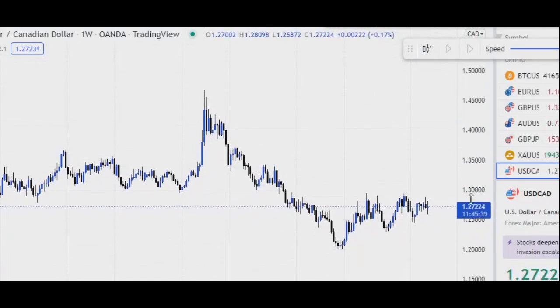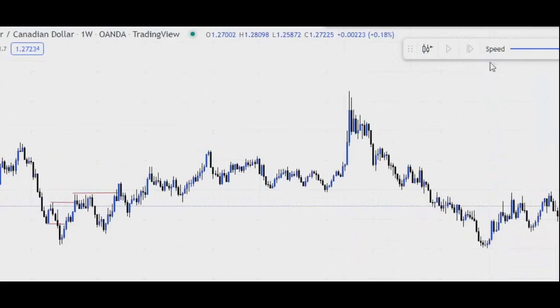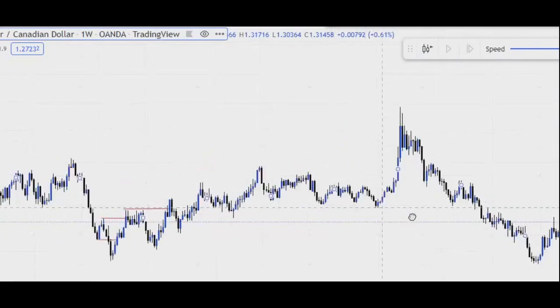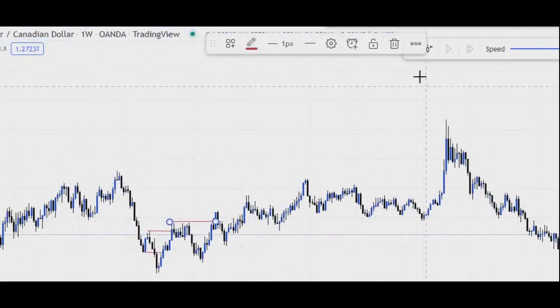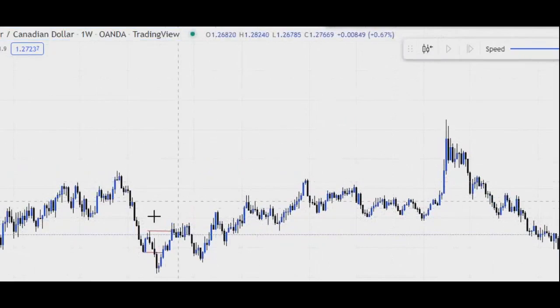Now, this is USD CAD. Let's just see where we can take this trade from.